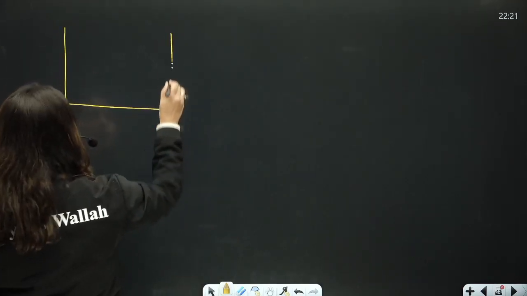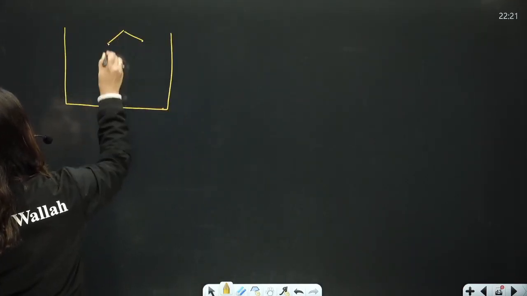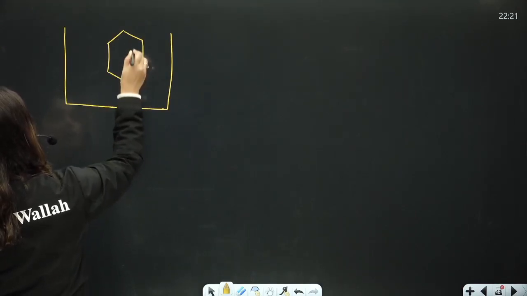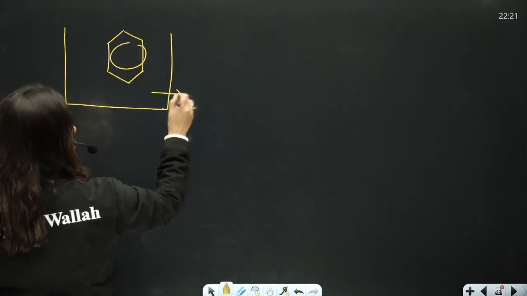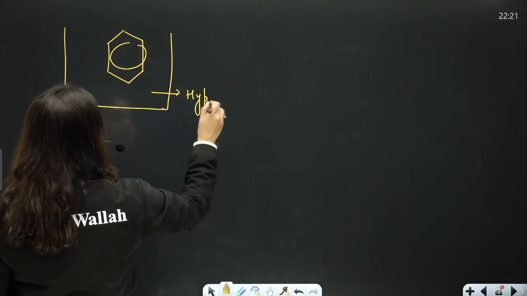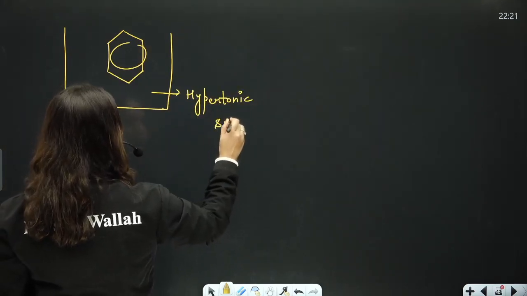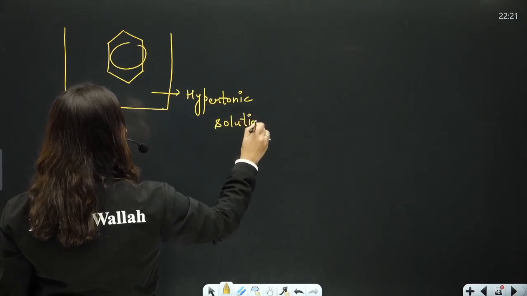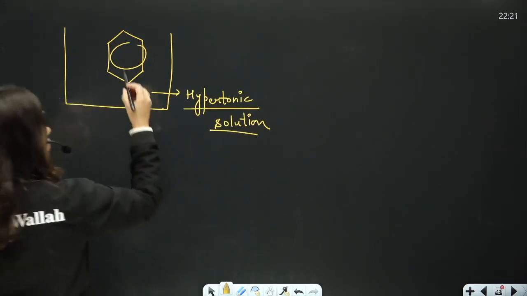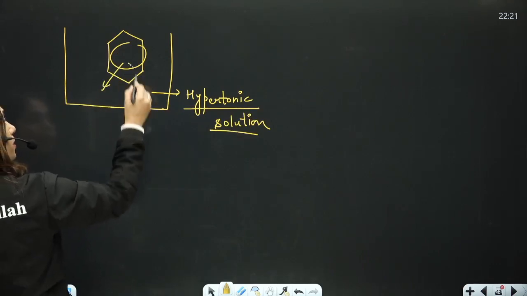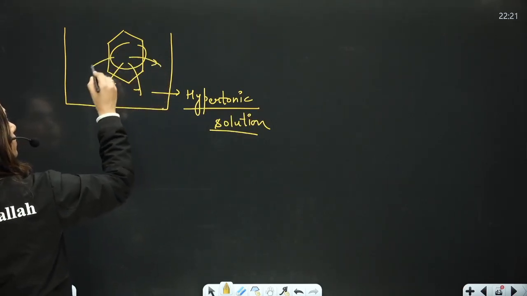During plasmolysis, when you put a plant cell in hypertonic solution, the water will come out, right?